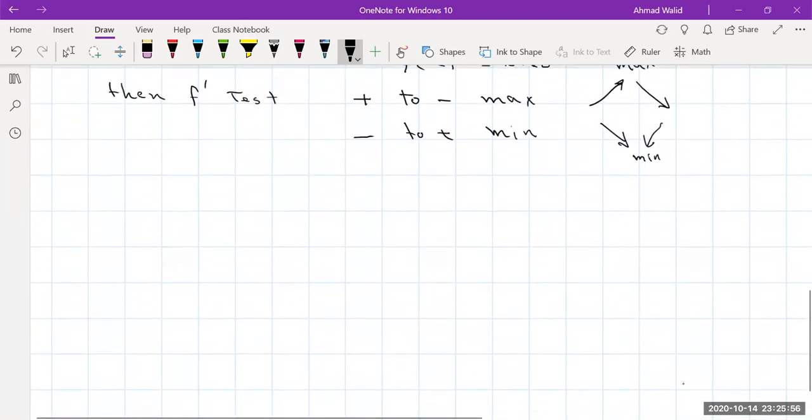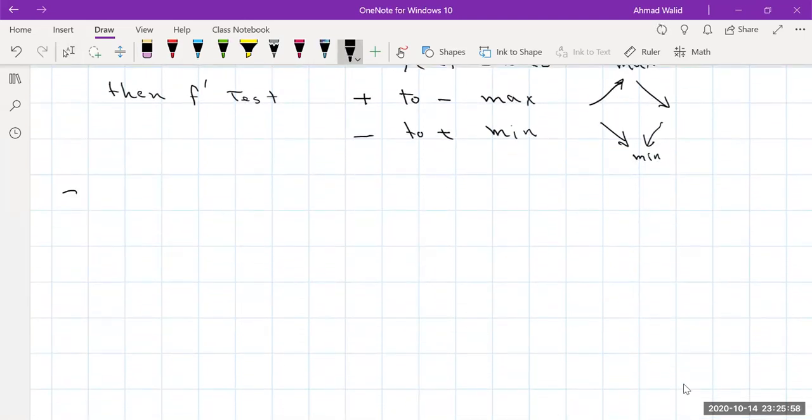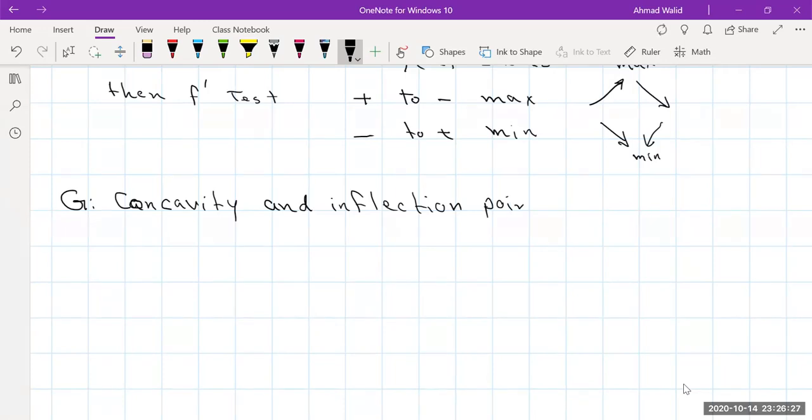Part G. Interval of concavity. To find concavity, and also with concavity, you can find the inflection point also, right? Inflection points or points of inflection.